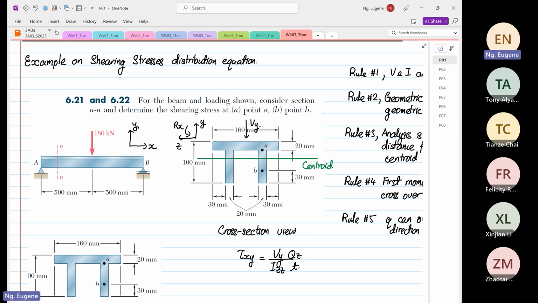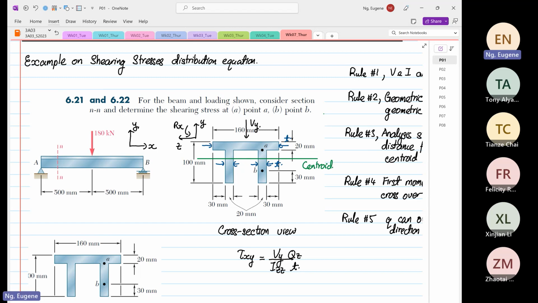And the thickness is dependent on where you're interested. This is the thickness, and depending on where you are interested, this is also your thickness.